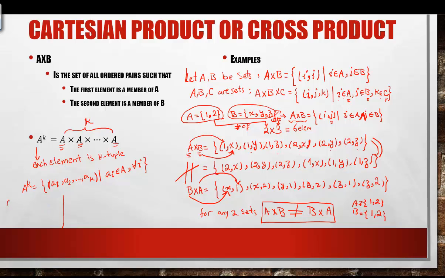So A cross B is going to be a table where I have B elements here and A elements this way. So x, y, z, and 1, 2. This way I can visualize the elements that I have as cross products.